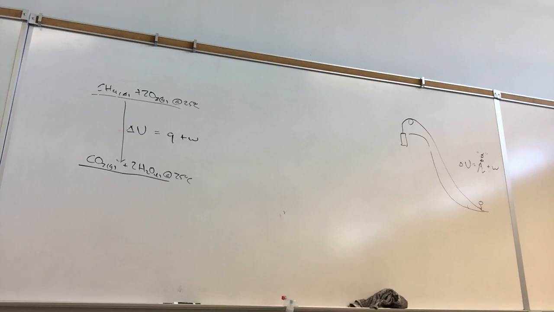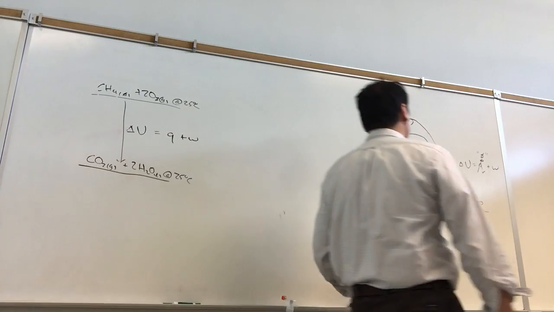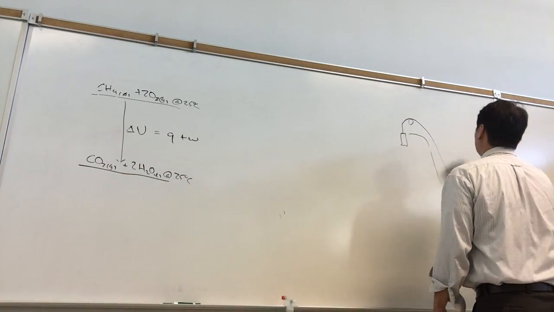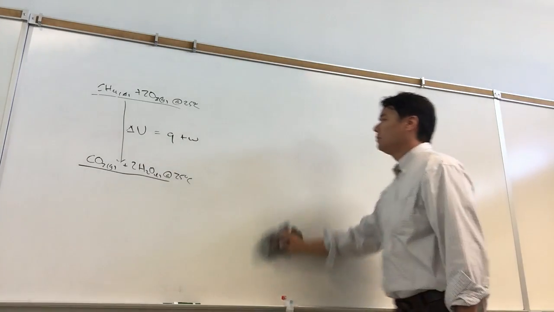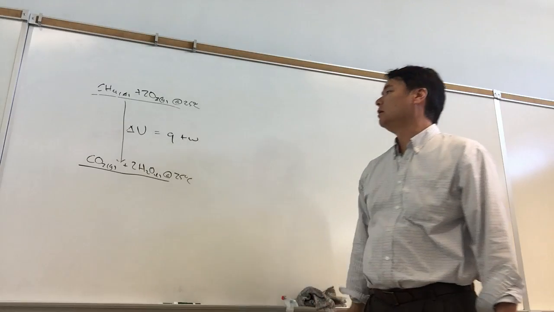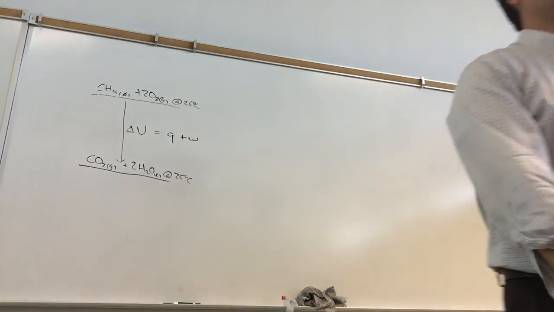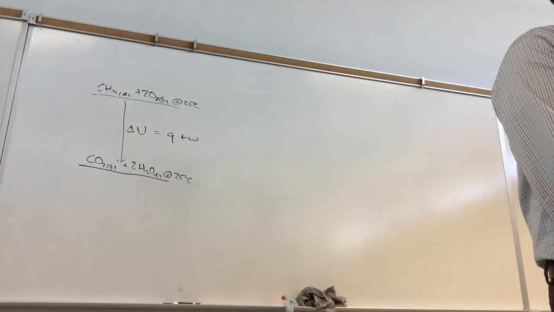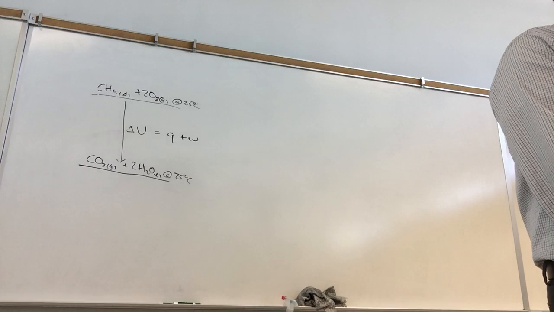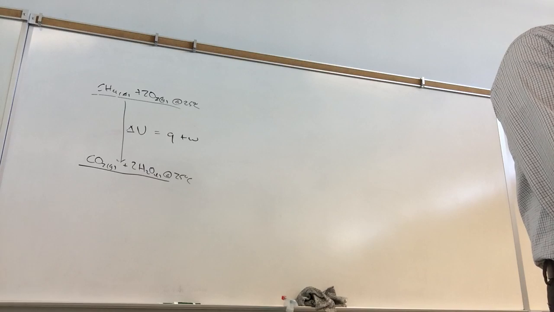But now let's just look at the work. When we're doing work, we're just going to focus on one type of work in this chapter. And what type of work do we focus on here? We focus on the natural work of a chemical reaction, which is what kind of work? Yeah, volume changes.